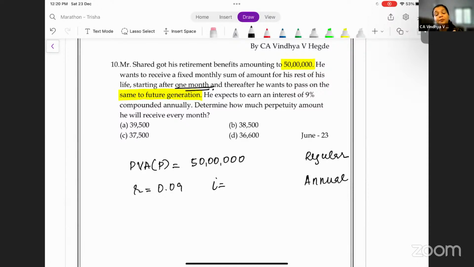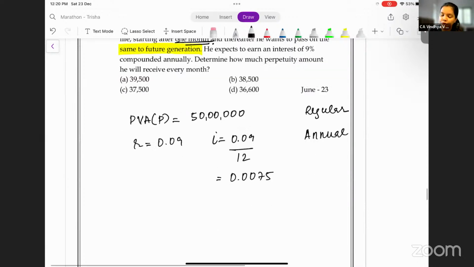So number of conversion periods will be 12. What will be I, which is 0.09 divided by 12. So what is 0.09 divided by 12? 0.0075. Correct?